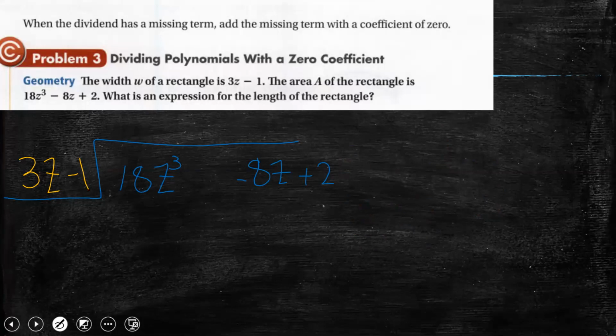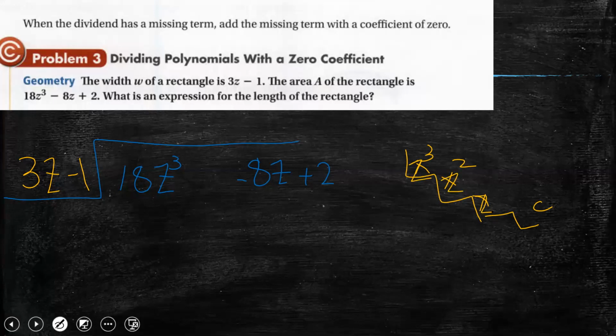Then the second step, before I divide, you have to check if we have all the terms of the standard form or not. Now, what is the highest degree here? 3. Since we have a polynomial of third degree, I must have z cubed, z squared, z. Is z cubed written? Yes.